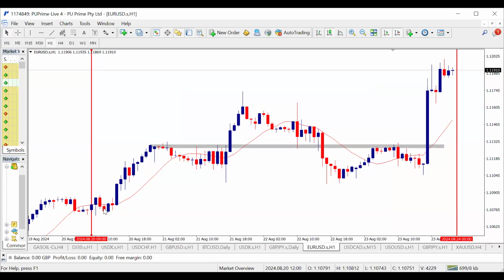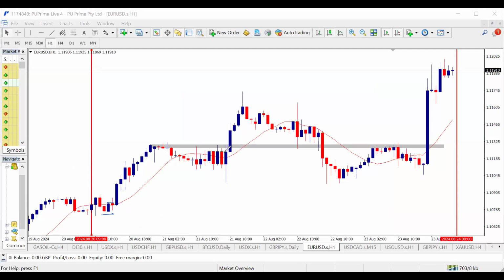This is an engulfing candle because we have a bearish candle and the bullish candle came and is higher than the previous candle. So this is a bullish engulfing candle happening in a support area. So the next thing you do, you take your buy entry and you buy because the market is in the uptrend.